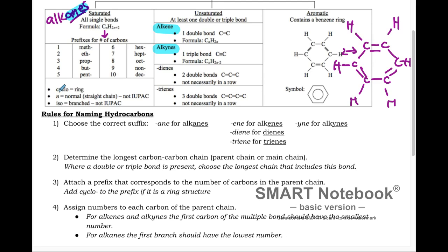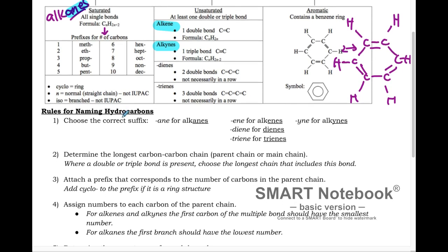So we actually use the prefix cyclo to represent that it is a cyclic structure. If it follows the regular straight carbon-carbon chain, we just name it as is. We probably won't go over N as a prefix. ISO is something we will go through a little bit later.